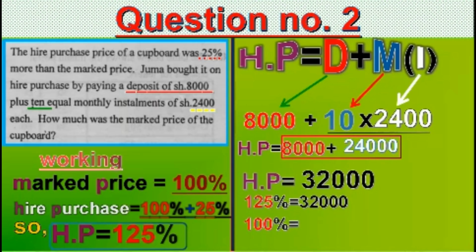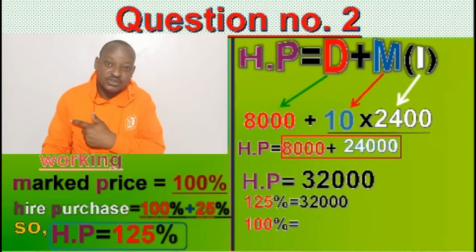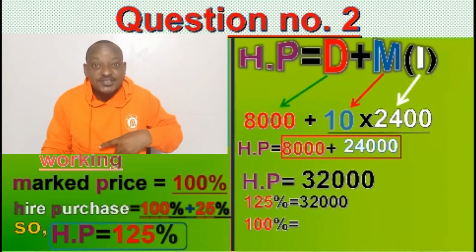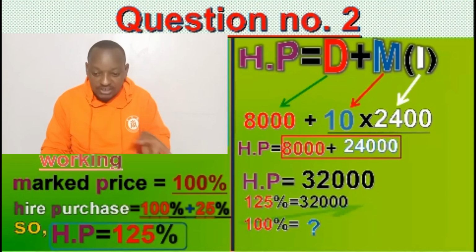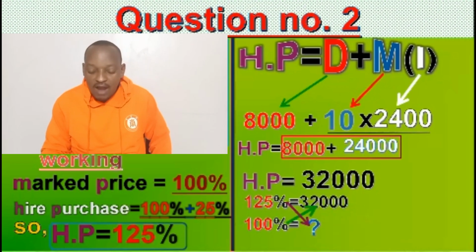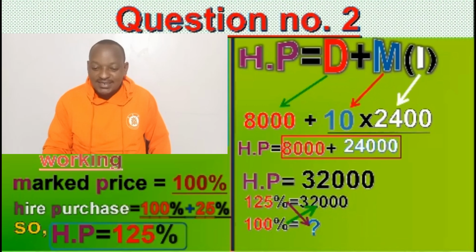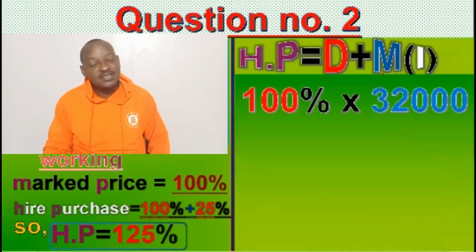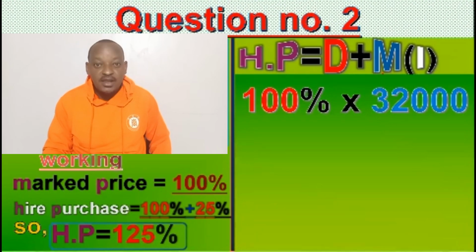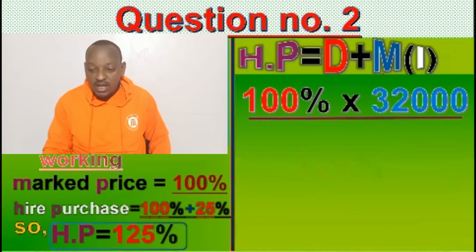Can you remember, the marked price? 100% equals what? So this one is calling for cross multiply. After cross multiplying, we find that it is 100 times 32,000, and then we say over 125, as this other one comes down.